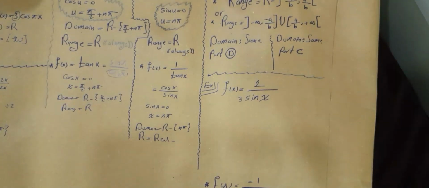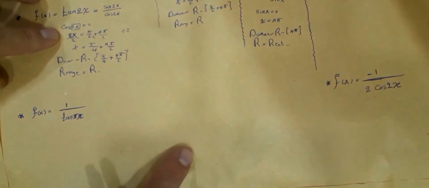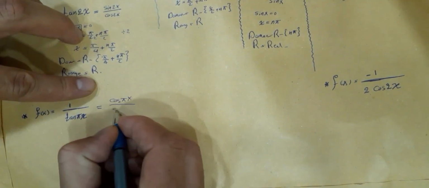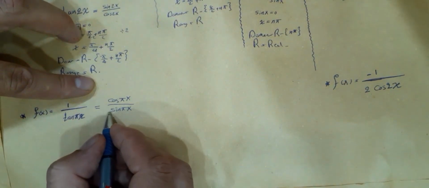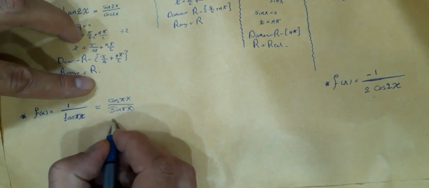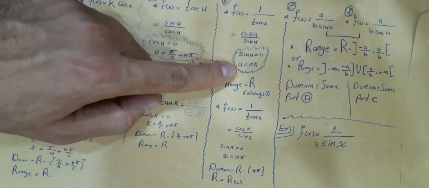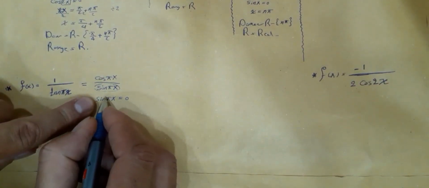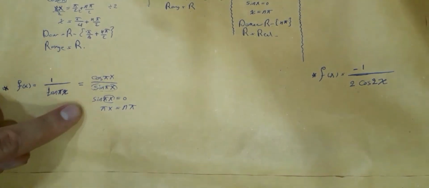Another example of this type, for example 1 over tan pi x. Of course 1 over tan means cosine pi x divided by sin pi x. For finding the domain, the denominator sin pi x must not equal 0. By this rule, if sine equals 0 then u equals n pi, where u is the argument, pi x, so pi x equals n pi.